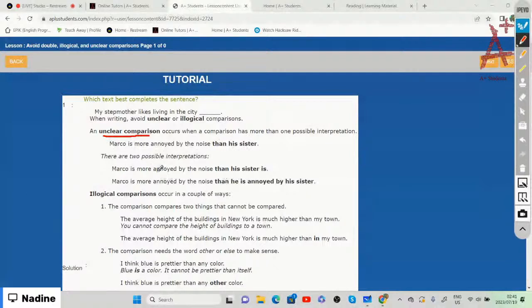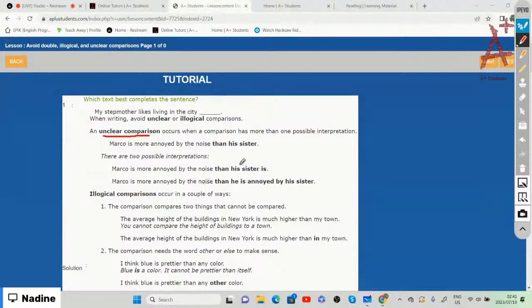So now we don't know if he is more annoyed by the noise than his sister is, meaning the sister is not as annoyed by the noise as him, or if Marco is more annoyed by his sister than by the noise.